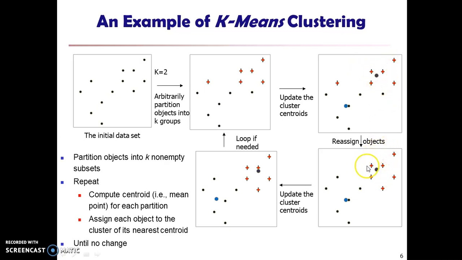So you will be having two clusters. This is one cluster, this is another cluster. See here, this will be moved to here and this will be moved to here. Okay, so it is moved to here and this is moved to here. So we have two clusters. Then update the cluster centroids. So where we located this centroid, that must be updated. Okay, it is updated.